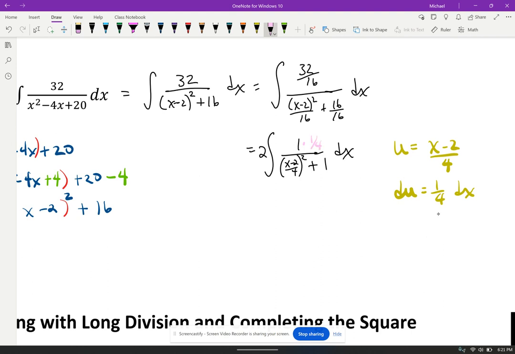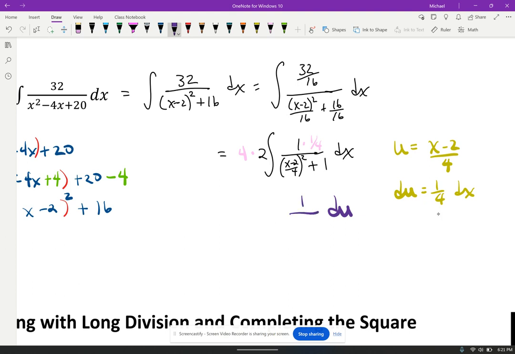But if I do that, I got to divide by a fourth, which is the same thing as multiplying by 4. Okay, so I took the derivative of this and I got 1/4. I didn't have 1/4 dx, so I multiplied 1 by 1/4, so I can get 1/4 dx, and I'm going to be able to replace that with du now.